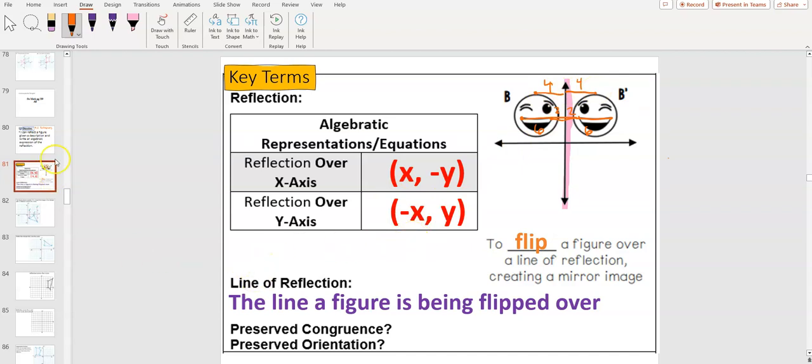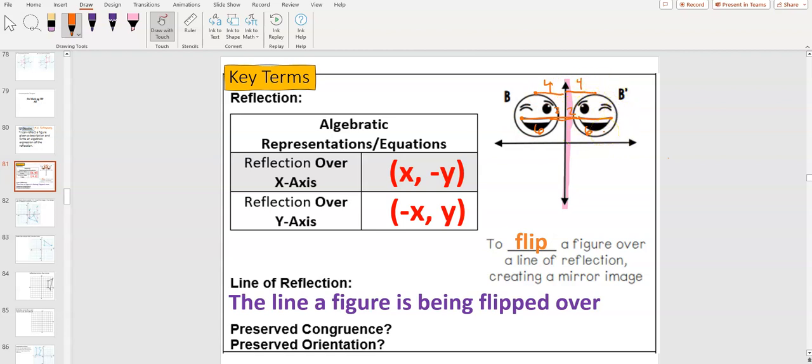So the last thing we have to ask about reflections is, do they preserve congruence and preserve orientation? Remember, congruent means it's the same size and shape. Is figure B the same size and shape as figure B prime?